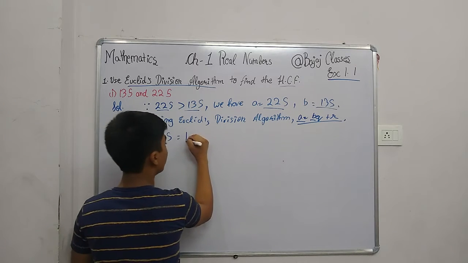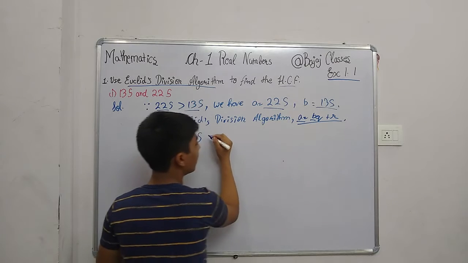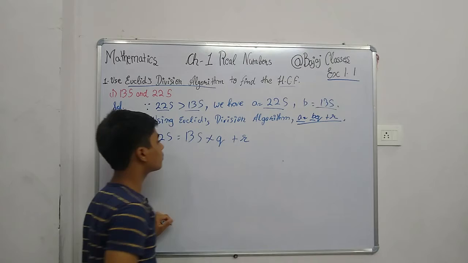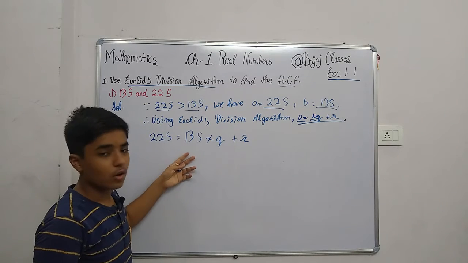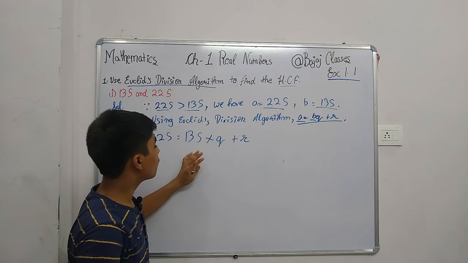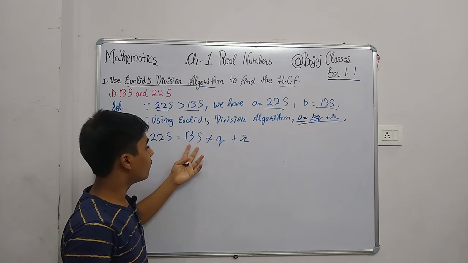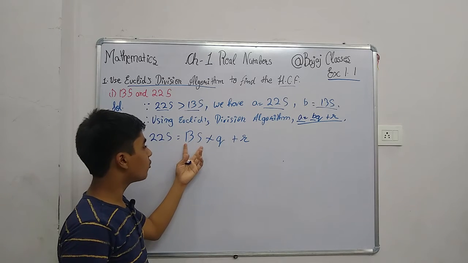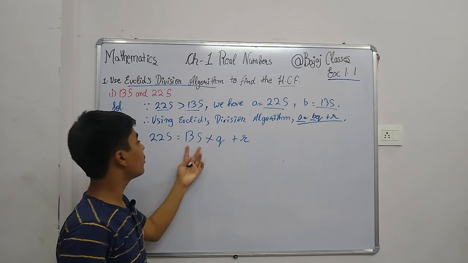So 225 equals 135 multiplied by Q plus R. This is a long division process, you know that. We have to find a value of quotient by which we multiply this B, the second value.